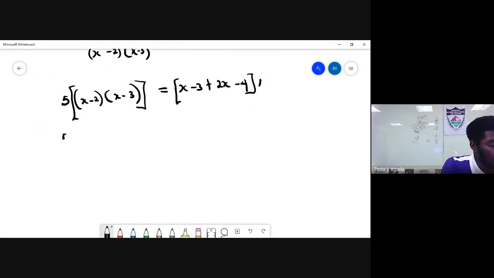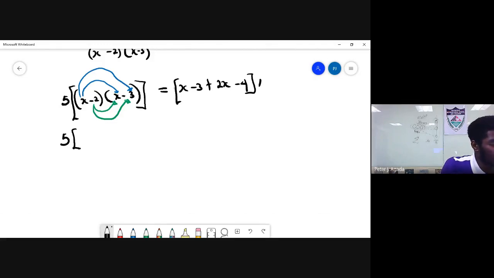I can have here my 5, I open my parenthesis here, and we can use the FOIL method again, where you can have your x multiplied by x and your x multiplied by 3. And also, we have to consider the other one, whereby we can have your negative 2 multiplied by x and also the same negative 2 multiplied by negative 3.